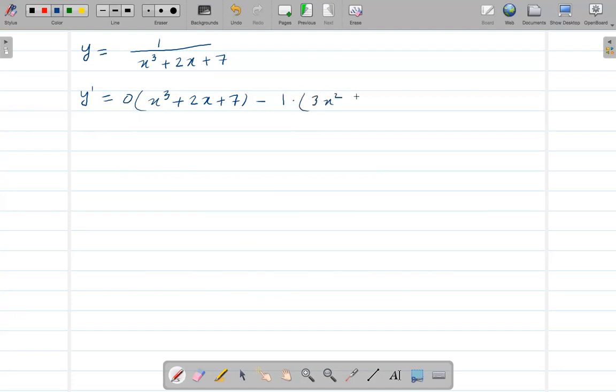I'm not explaining this anymore, I expect that you know it by now, because I've already explained this part. The derivative of 2x is just 2, and the derivative of x is just 1. The derivative of 7 is 0, so I don't have to write that.